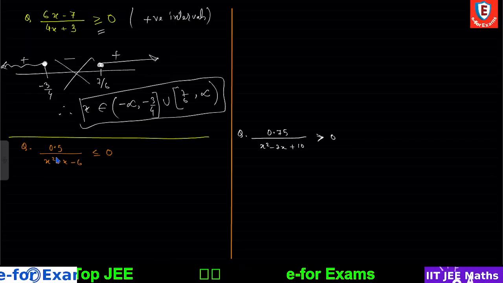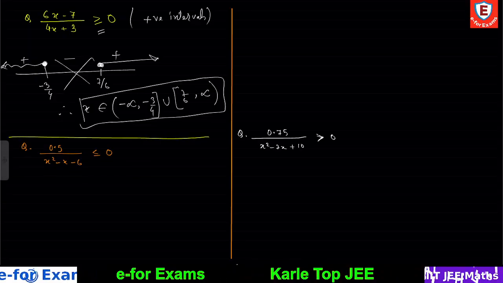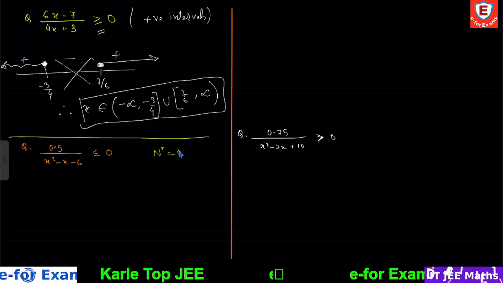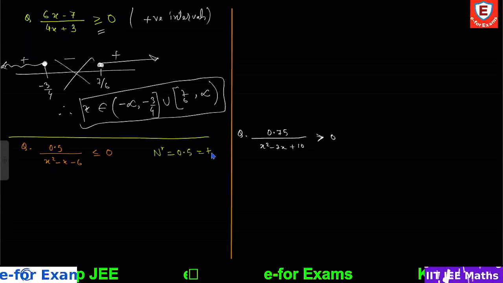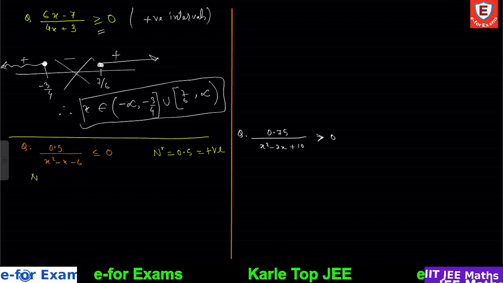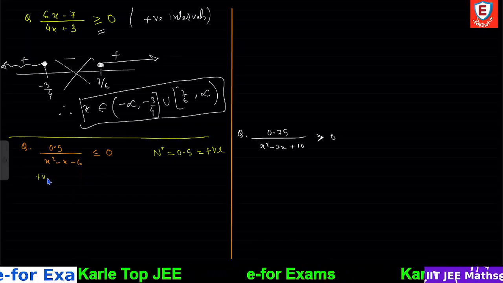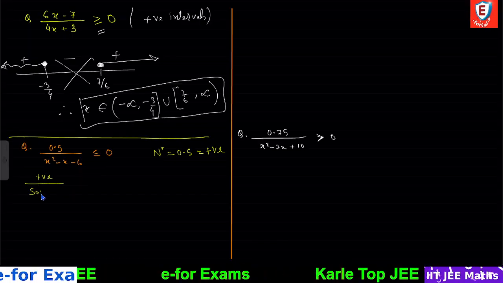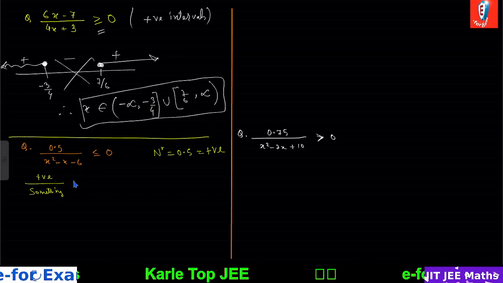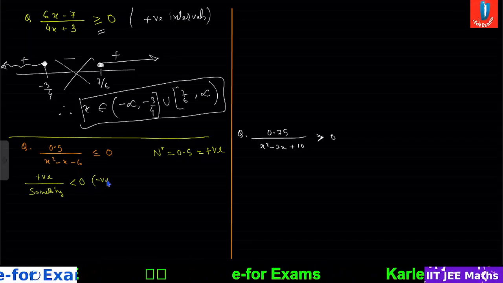Now the next question, 0.5 by x square minus x plus 6. Here the numerator is 0.5, which means it is positive. Now positive by something is less than 0, that is negative.